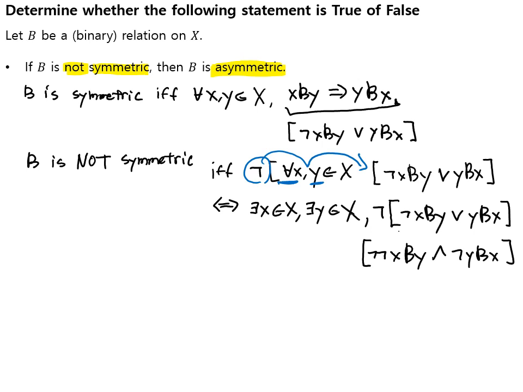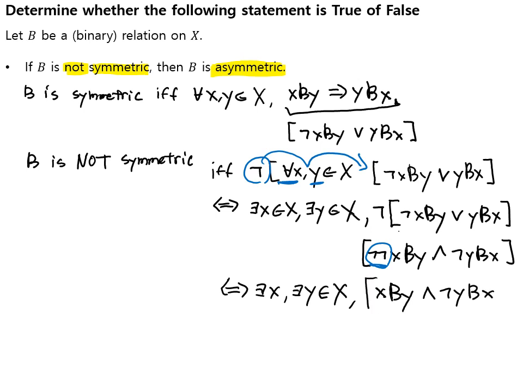So the double negation here is going to cancel out, and this reduces then to the statement that there exists an x and there exists a y, both in a set X, such that x is related to y, but y is not related to x. Okay?